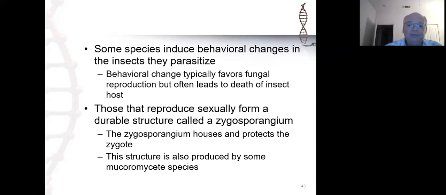So you get this structure called the zygosporangium that develops typically out of fusion of two hyphae being produced by two mating strains of fungi, the plus and minus mating strains. We'll see this actually in the life cycle of a typical mucoromycete, Rhizopus.